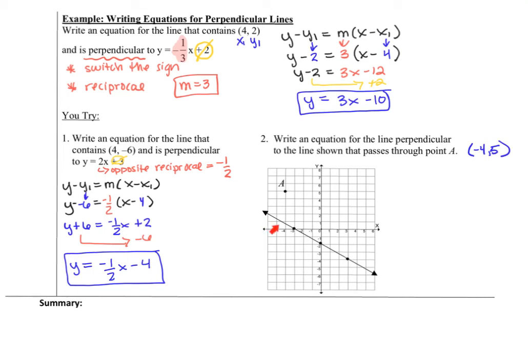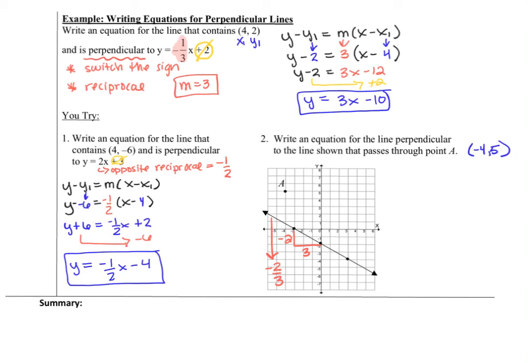What is the slope of this line? Remember, for the slope, you always want to go to the right. So if I start at this point, I can go down and to the right. I'm going down 2 and right 3, so the slope of this line is negative 2/3.